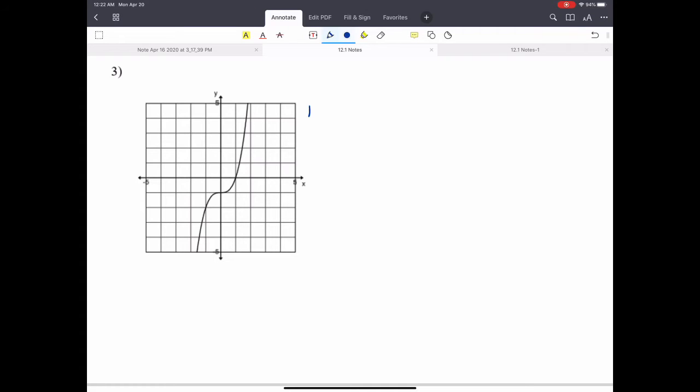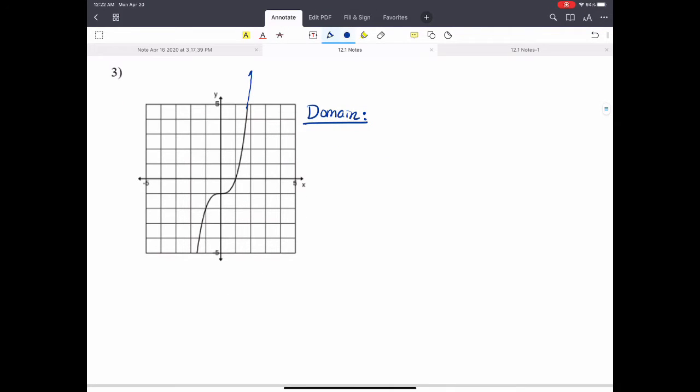Now this one right here, if we look at the domain, I think sometimes people look at this and see that it looks like it's straightening out, but this is really going forever. This is never going to straighten out, nor is this right here. It's going to keep going and going. I'm being a little bit exaggerating right there, but it's going to keep going in that direction.